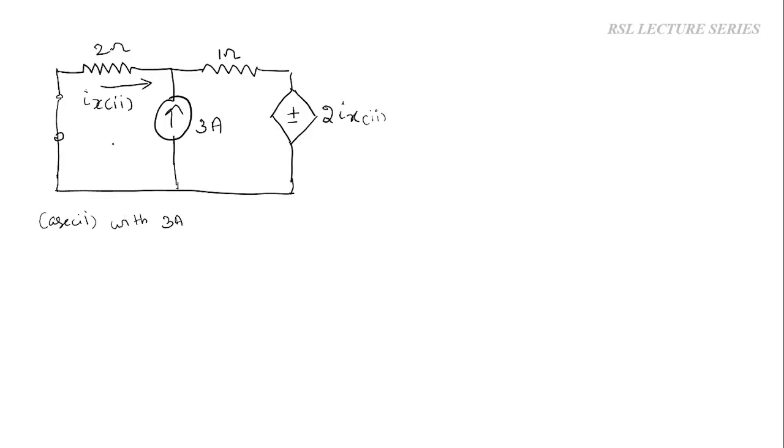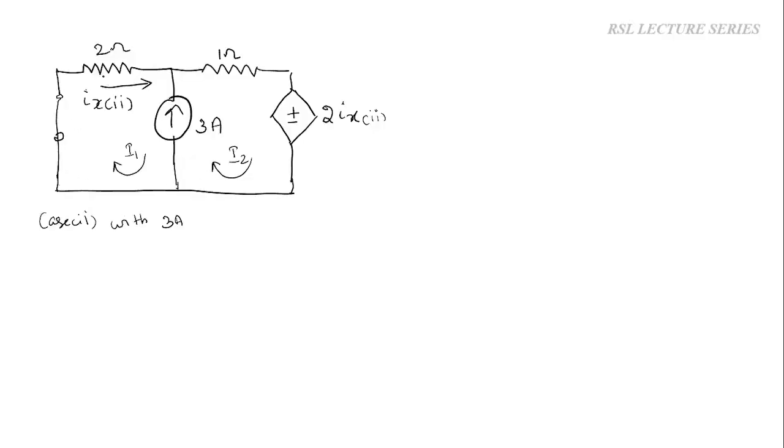Okay. So here we have 2 loops. In the previous case, we had only one loop, so we assumed one current in the clockwise direction. Whereas here we have 2 loops, so we have to assume 2 currents, I1 and I2, flowing in the clockwise direction. Always assume the currents in the clockwise direction.